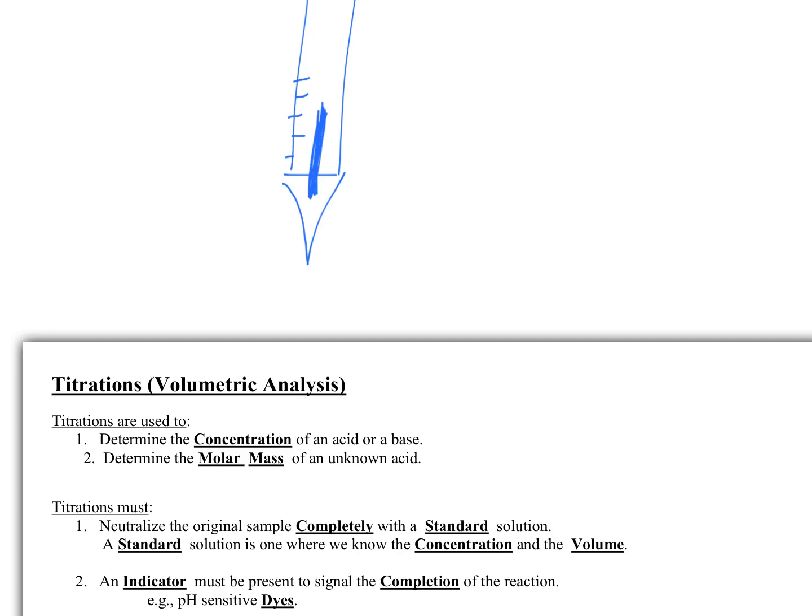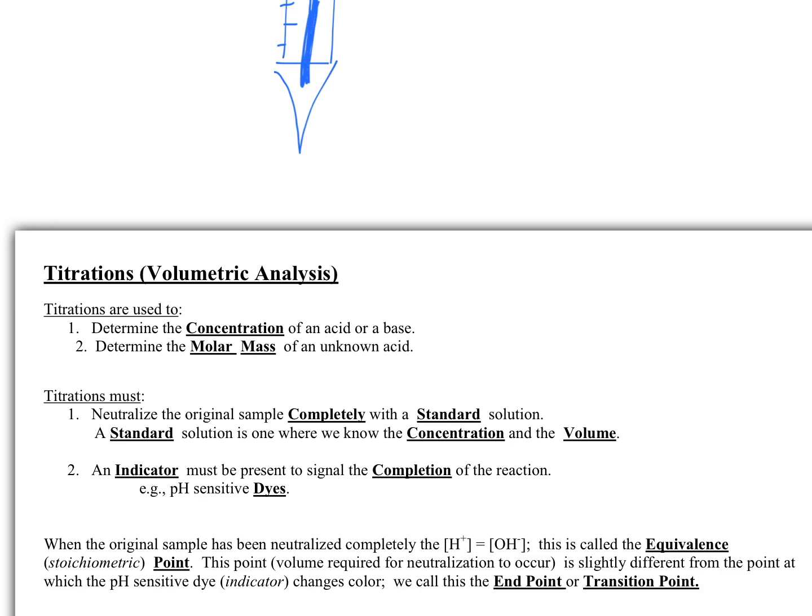A standard solution is the one where we know the concentration and the volume. An indicator must be present to signal the completion of the reaction. Remember, an indicator is our pH-sensitive dyes. If we don't have an indicator, we'll have no idea when to stop adding our volume of our standard. When the original sample has been neutralized completely, the hydrogen and the hydroxide concentrations are equal.